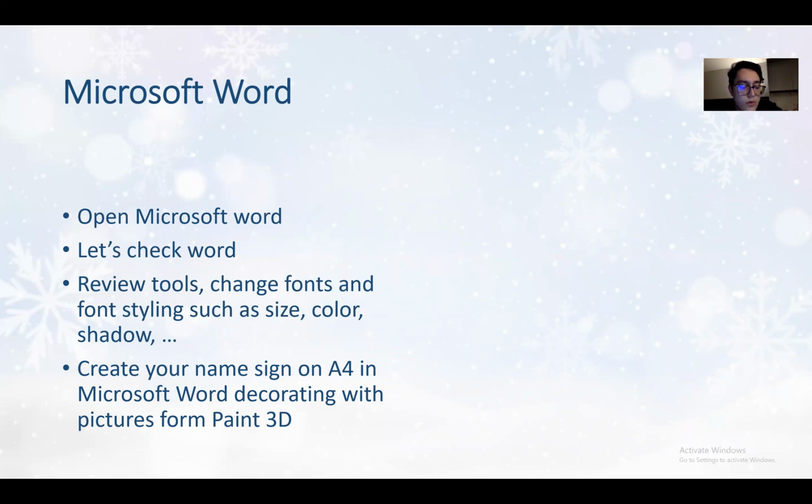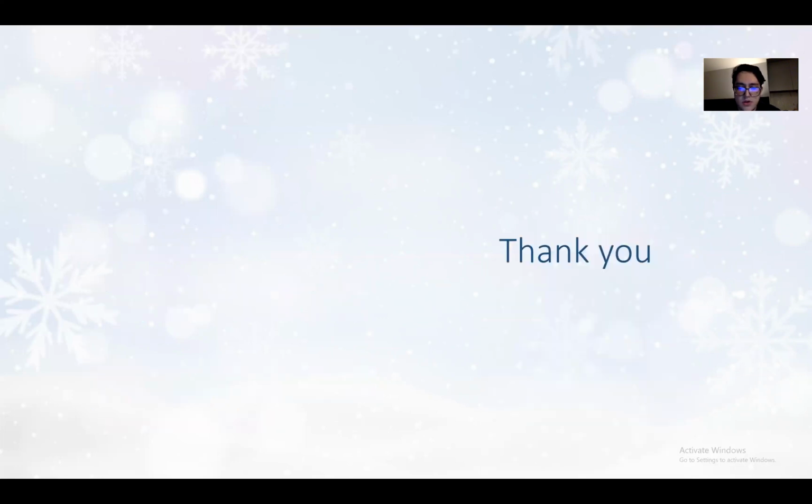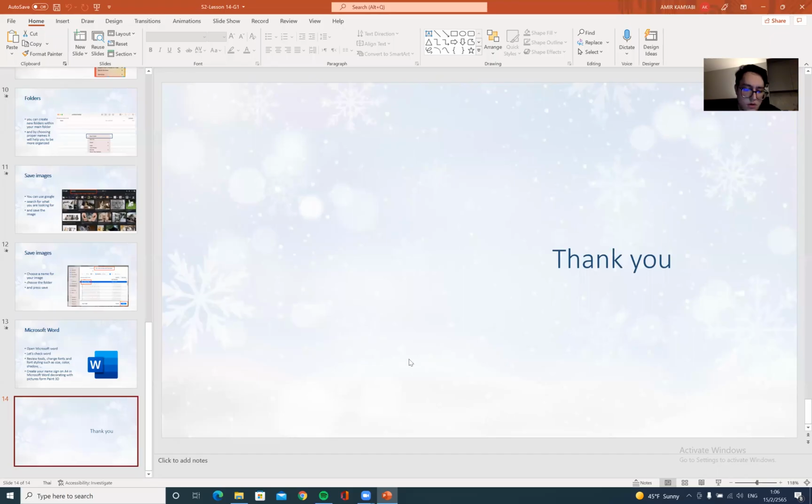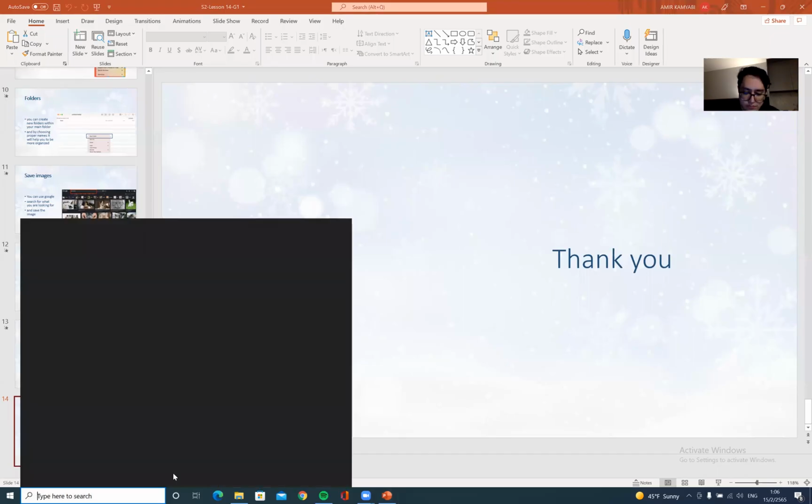And also, we want to create your name sign on an A4 in Microsoft Word, and then decorate it with pictures from Paint 3D. Okay, so let's go to Microsoft Word first.